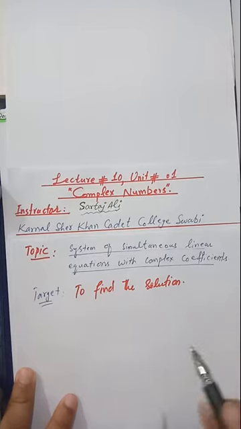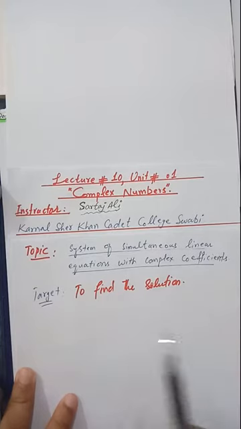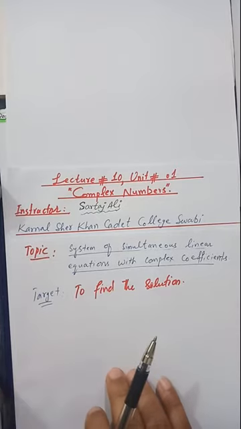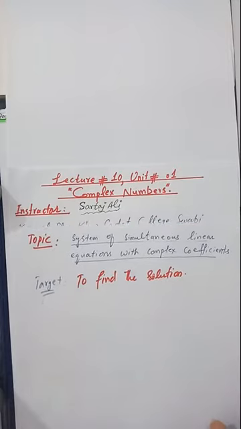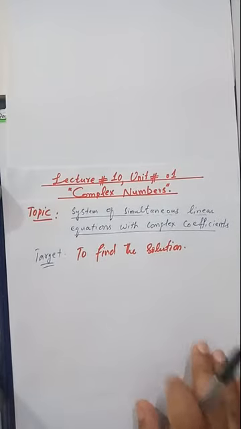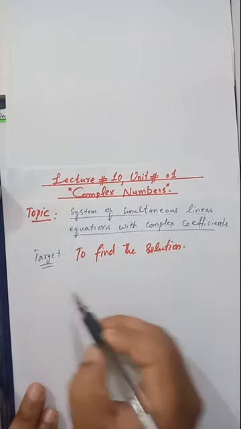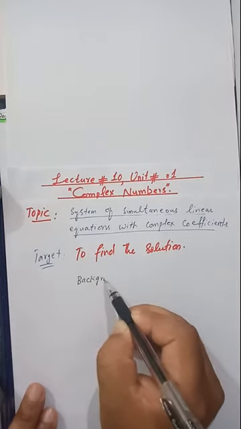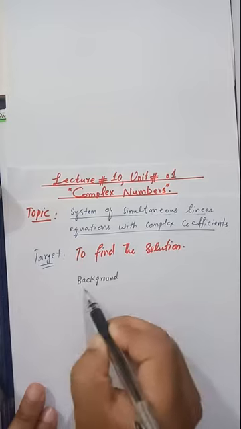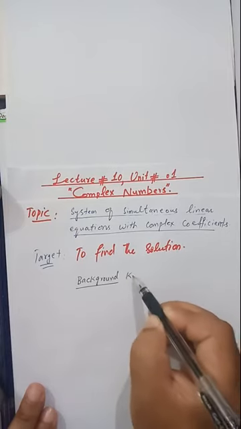Before that, we briefly revise the idea which is discussed in the previous video lecture, that is linear equation in two variable. This is the background knowledge for this video lecture.